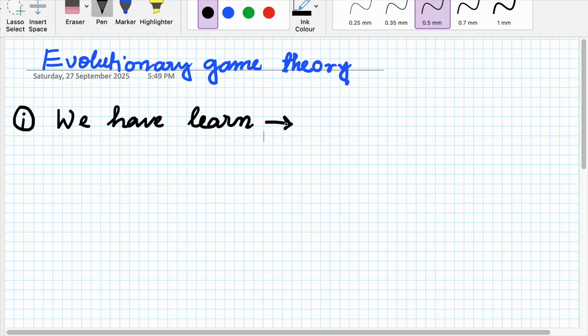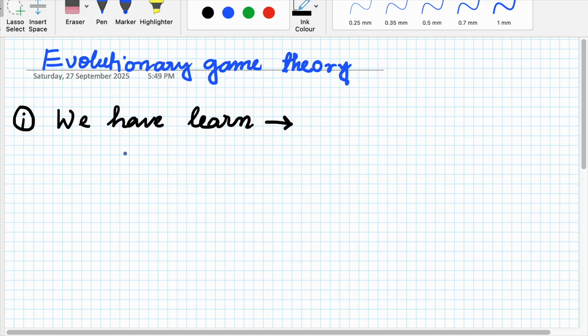One thing, that we can write a mathematical model to represent any strategic decision making.